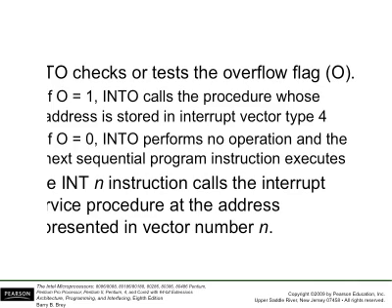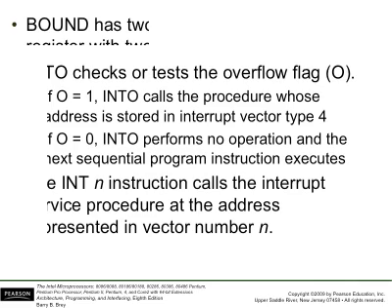The INT n instruction calls the interrupt service procedure at the address represented in vector n. For example, in a DOS environment, if you call DOS or BIOS functions, remember you do INT 21. That's this software instruction.